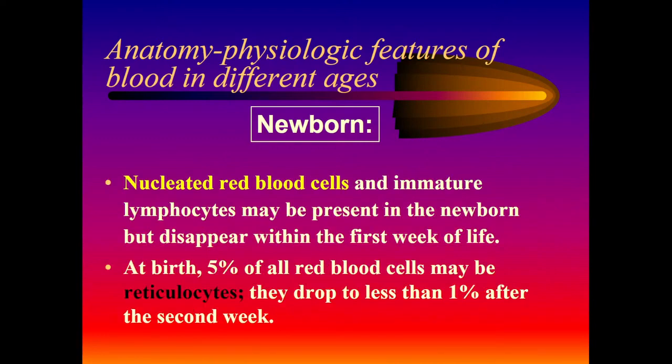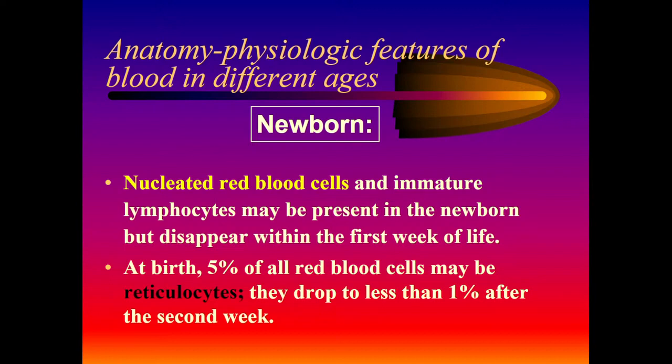In the newborn, nucleated red blood cells and immature lymphocytes may be present but disappear within the first week of life. At birth, 5% of all red blood cells may be reticulocytes.